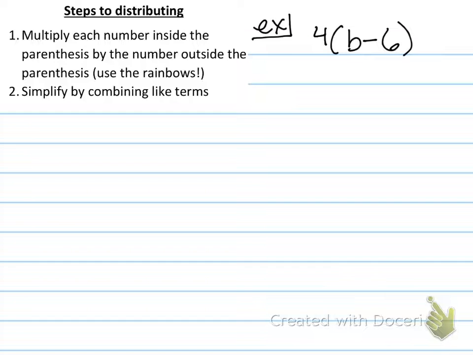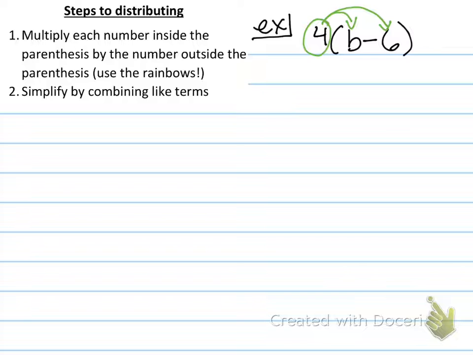So what does that mean? First thing that we want to do is identify the outside number. And the outside number in this example is 4. This 4 needs to be distributed to each term that is inside the parentheses.